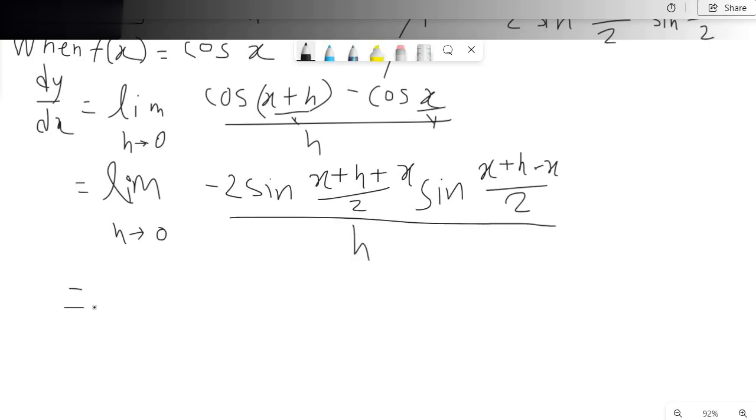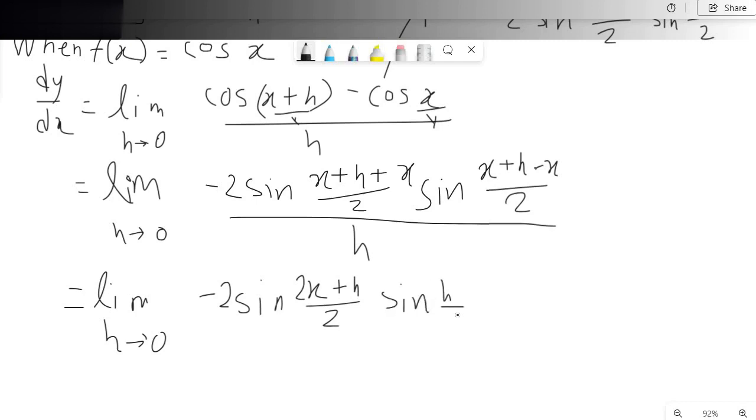So further simplifying, we get the limit as h tends to 0, and then x plus x will be 2x, so we have minus 2 sin((2x + h)/2) multiplied with sin((x + h − x)/2), which is simply sin(h/2), and then whole divided by h.